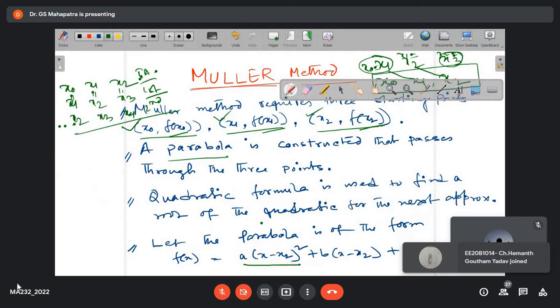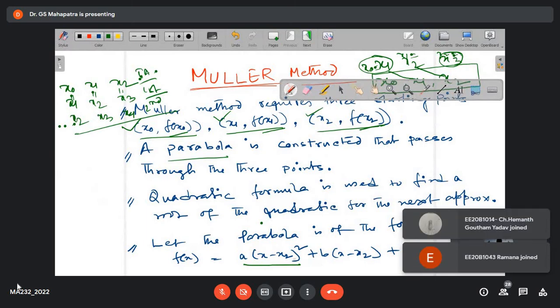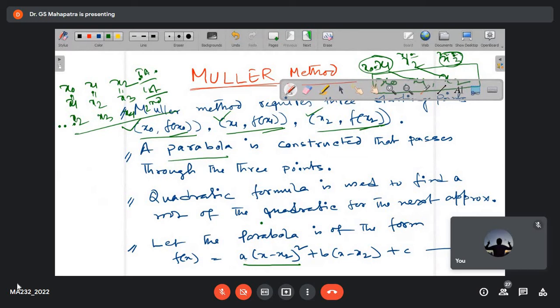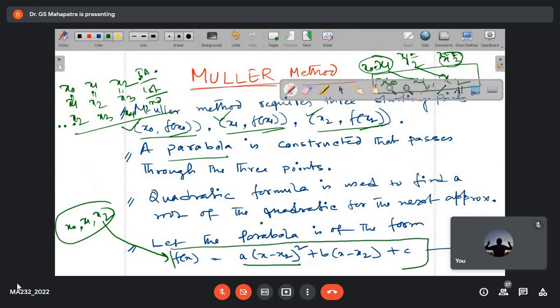So it is also a quadratic equation of x. And to reduce the calculation hazard, we have written it like that. So 3 points x0, x1, x2, we already used x2 to write the initial form of the parabola.